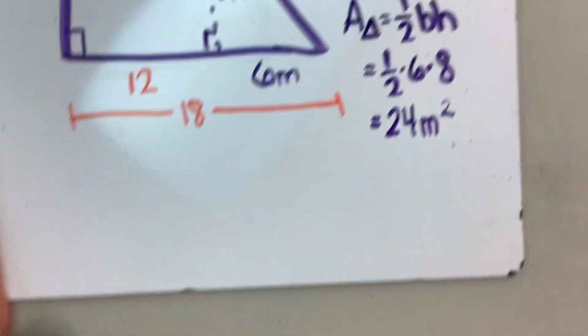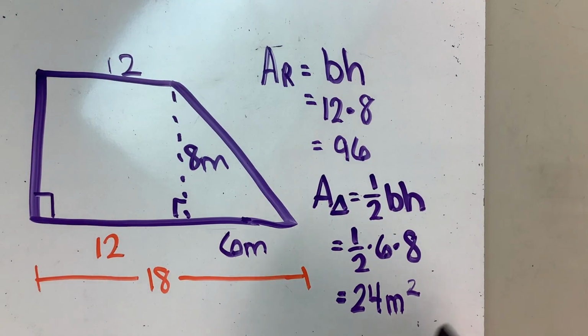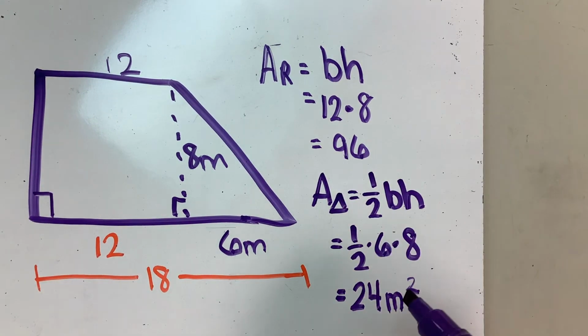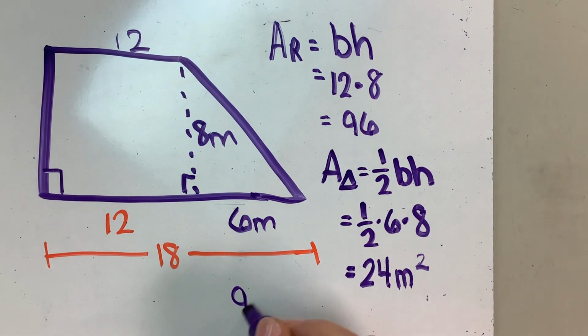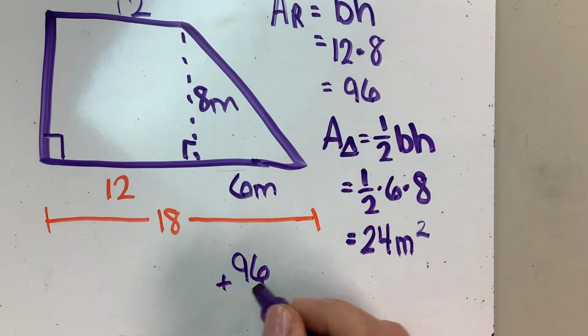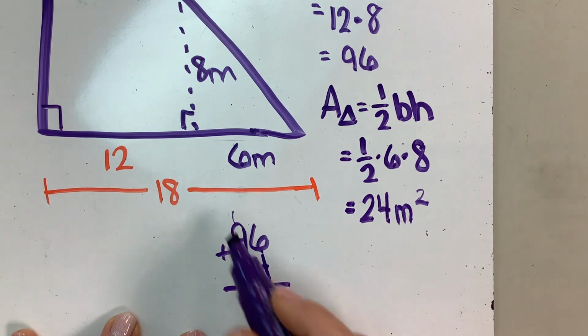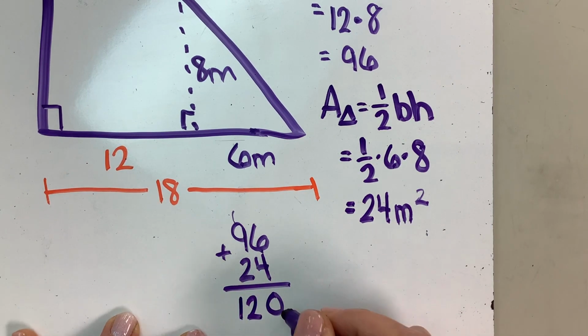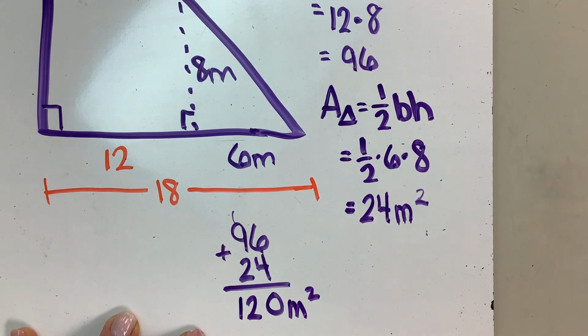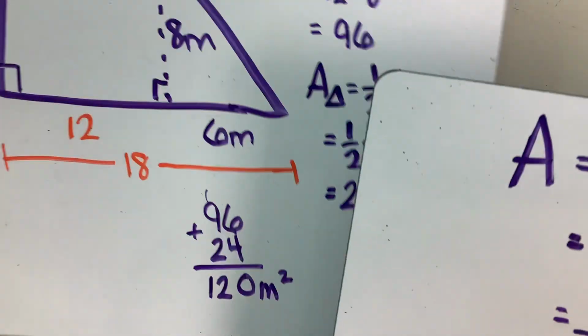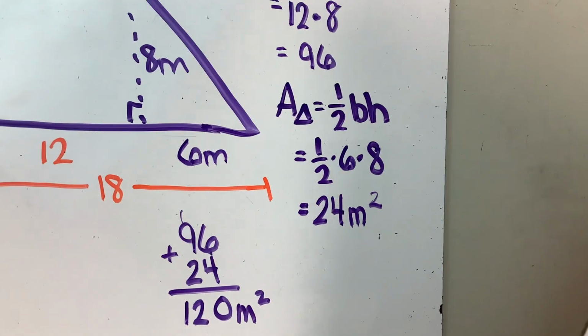Oh, and I'm sorry, I forgot over here. When we do this, we have the rectangle and the triangle, but we also have to add that together. So if we take the 96 plus 24, we get 120 meters squared. And you can see both of these methods give us the same answer.